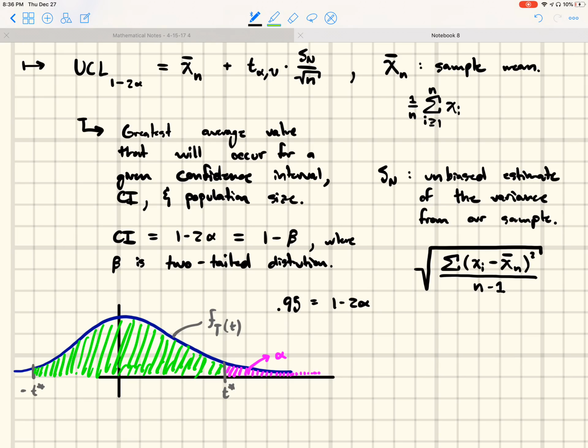So we could say eta is equal to 1 minus 0.95 all over 2, which equals 0.025. And that gives you the area under this curve to the right of T asterisk.